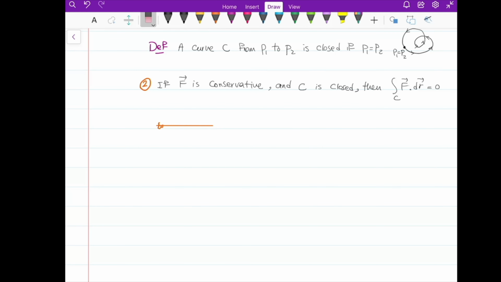Why? It's just because the integral of f dr over C is the potential function at the endpoint minus the potential function at the beginning point, and since these two are the same, I get 0.